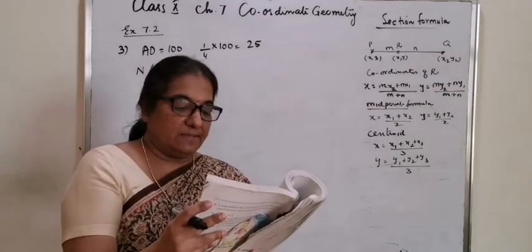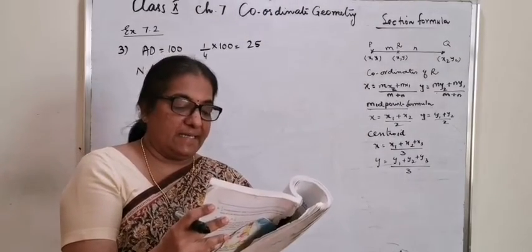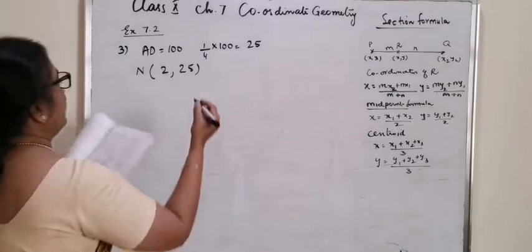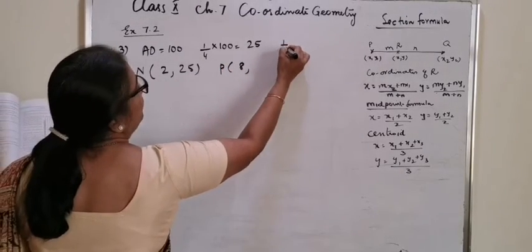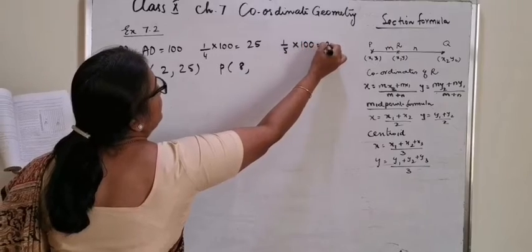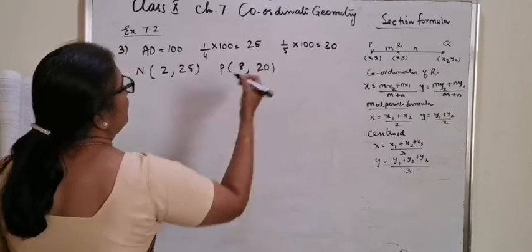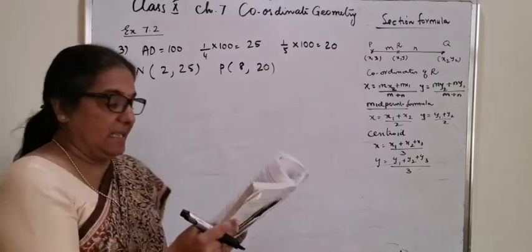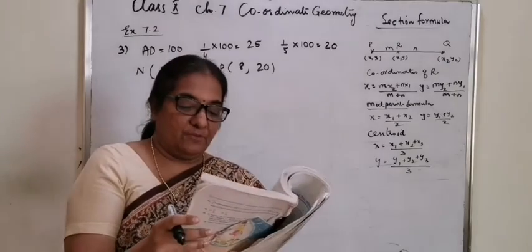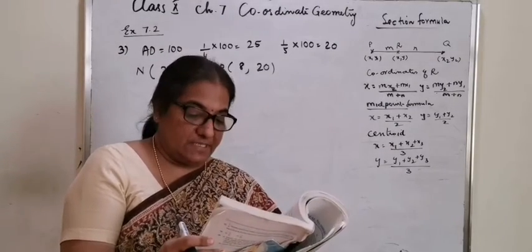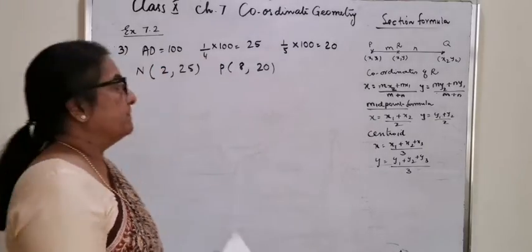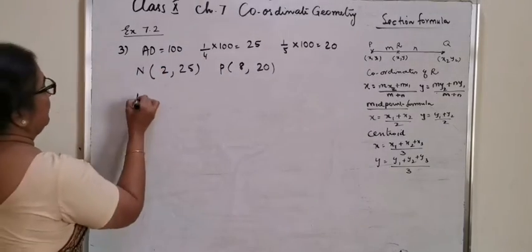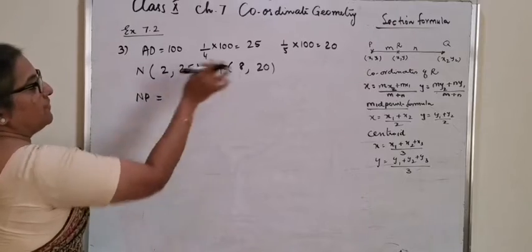Similarly, Preet runs 1/5 of distance AD on the 8th line. That means Preet represents 8 and 1/5 of 100 is equal to 20. So Preet represents the coordinates (8, 20). The first question is, what is the distance between both the flags? The distance between both flags can be found using the distance formula.